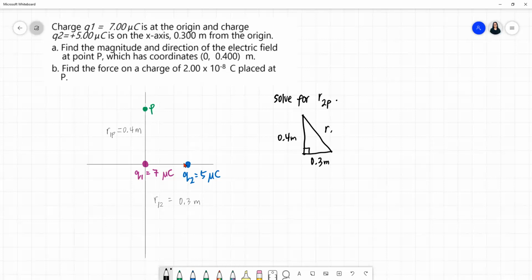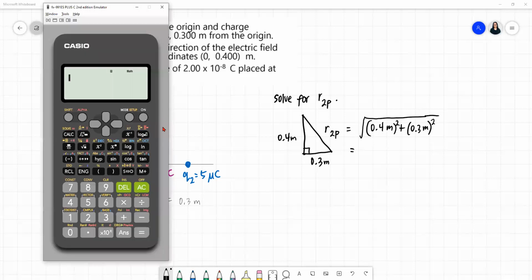So this is the distance between charge 2 and point P. So this is equal to the square root of 0.4 meter squared plus 0.3 meters squared. So the distance between these two particles is square root of 0.4 squared plus 0.3 squared, or that's 0.5.